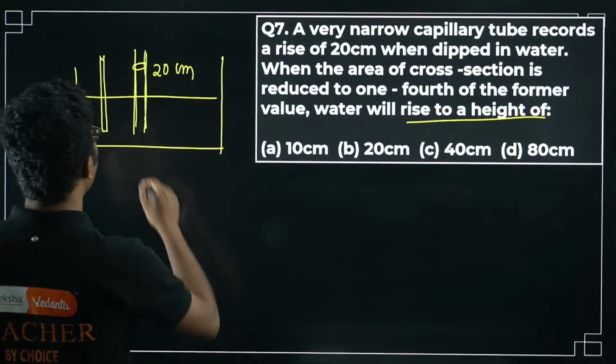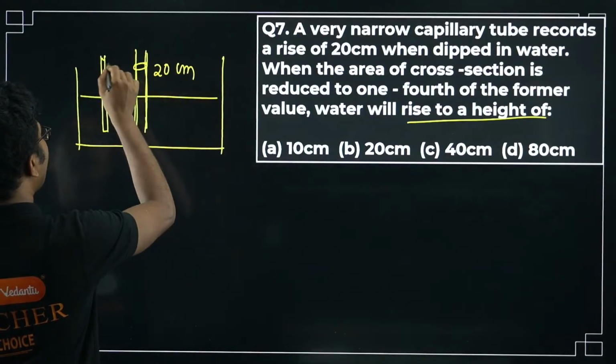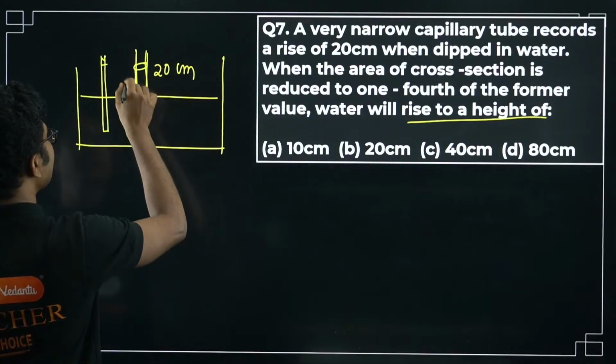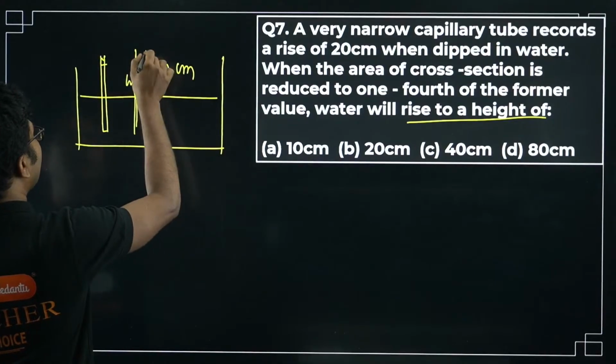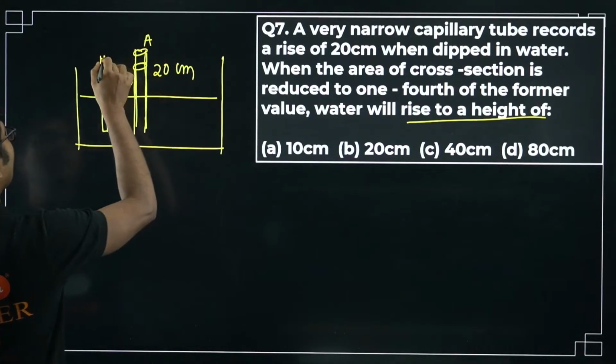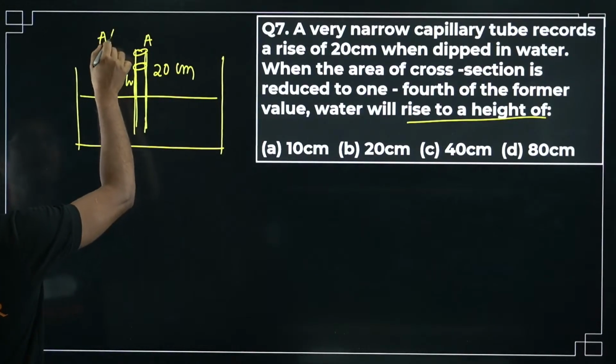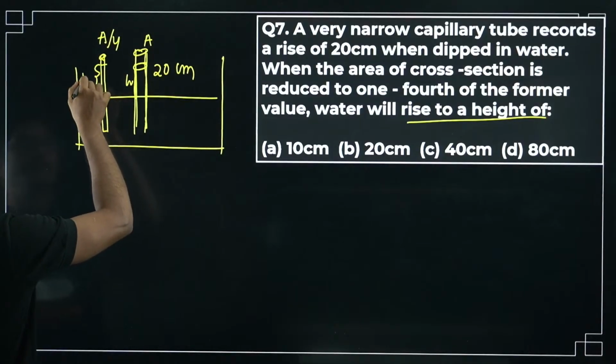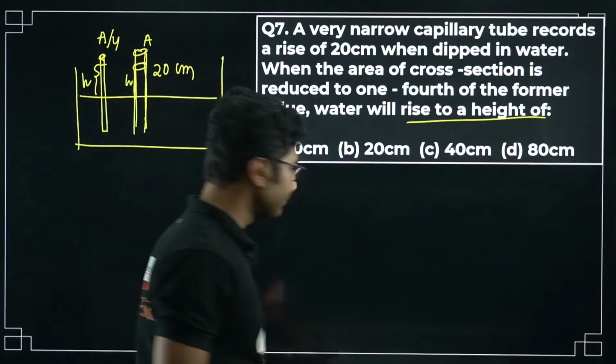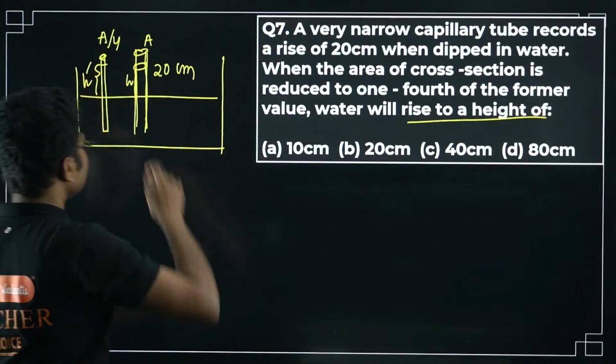The water will rise to a height, so now what height will it rise? Initially this was H, area suppose was A, now area is A by 4, what will be the height? That is the question, H dash.